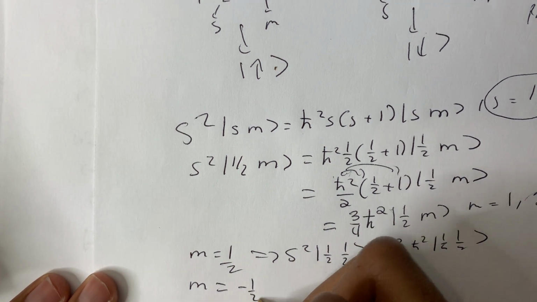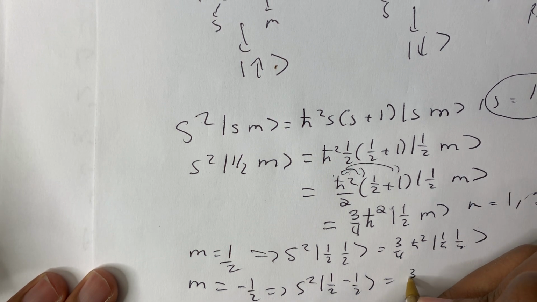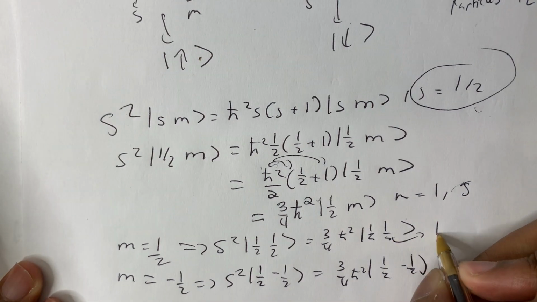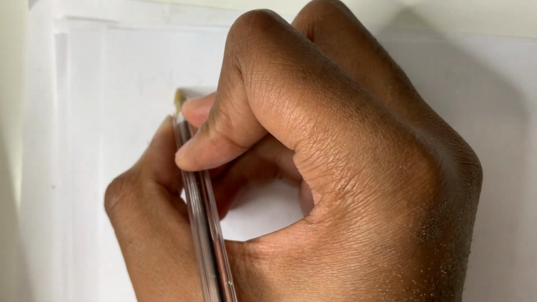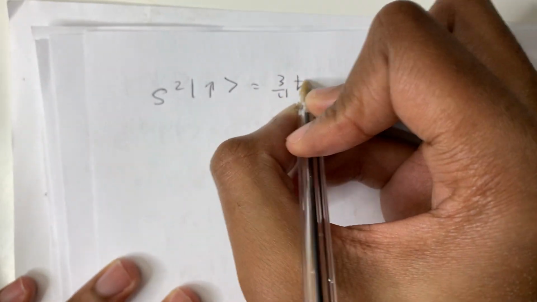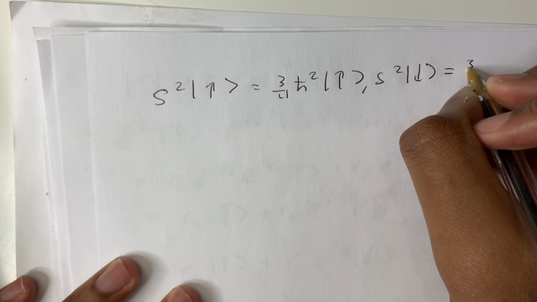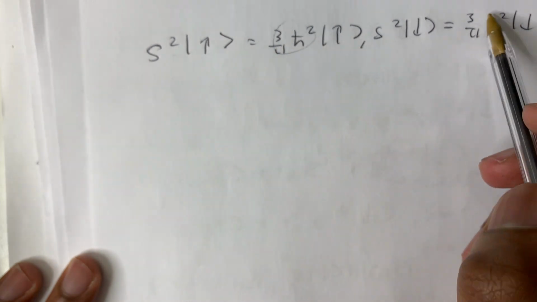And if m equals minus 1/2, then s squared acting on |1/2, -1/2> gives us 3 over 4 h bar squared times |1/2, -1/2>. Remember, the first is just spin up and this is just spin down. So we can simplify and say that s squared acting on spin up gives us 3 over 4 h bar squared spin up, and s squared acting on spin down gives us 3 over 4 h bar squared spin down. These are our eigenvalues.